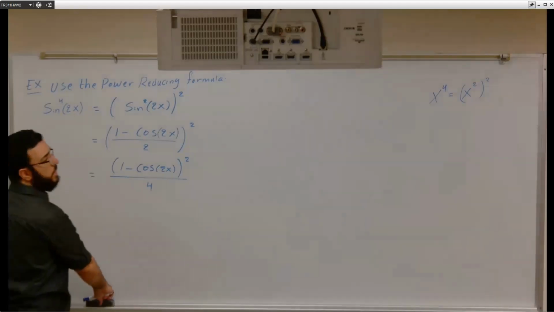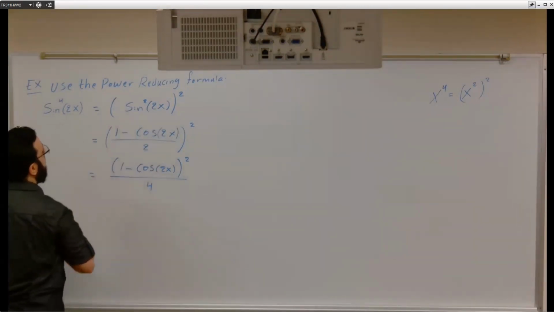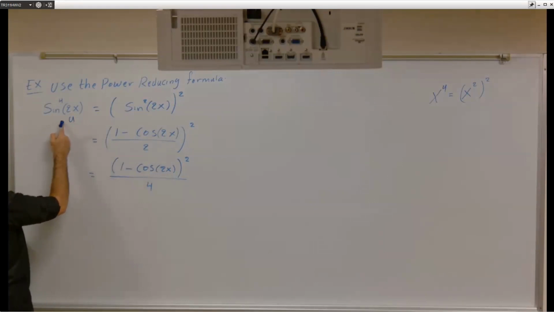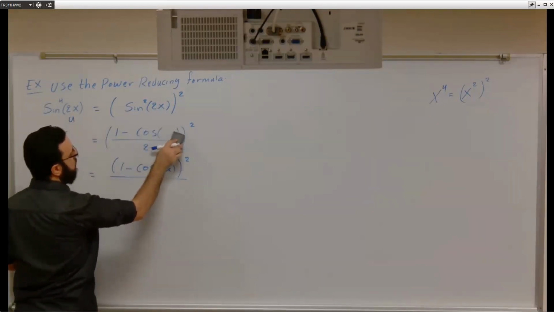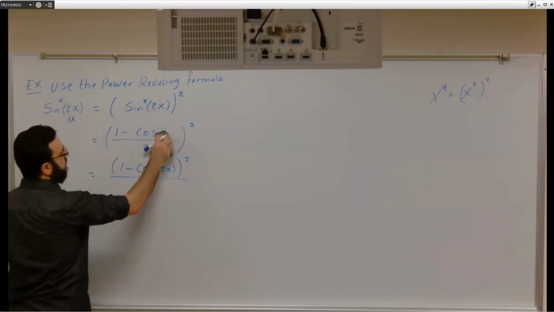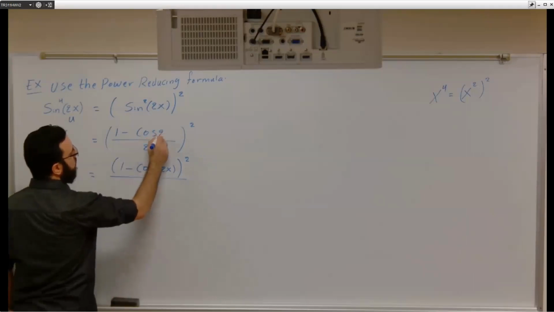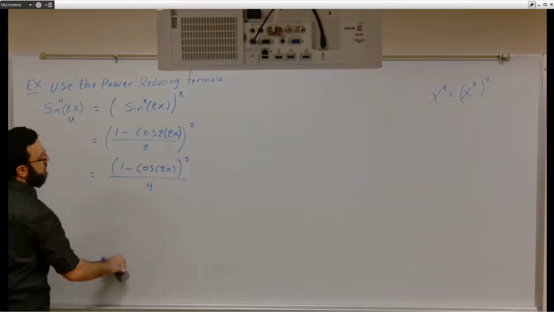Yes, it's the right formula. The angle is 2x, which is the same thing as u. That means it's going to be 2u. So here is going to be 2u, 2x. And here is the 2, and your angle is 2x. That means it's going to be 4x.